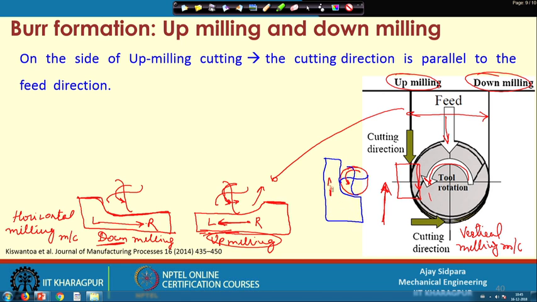Now, this is equivalent to this particular diagram, and consider this side at this location. This is actually equivalent to this one. Why is it like that?